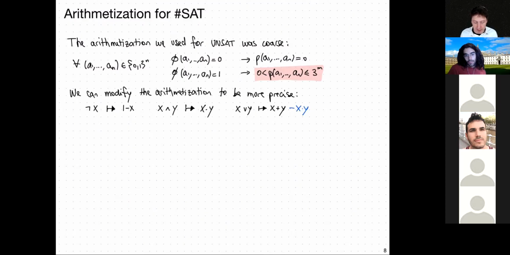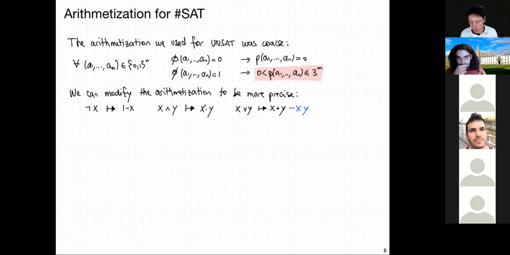We can modify the arithmetization to be more precise, to basically be almost the same, but in x or y, we say x plus y minus x times y. Why this extra thing? Because we basically are keeping the Booleanity. Essentially, this expression and this expression agree on every possible Boolean input. If you have 0 or 0, you will have 0 plus 0 minus 0. Okay, that's still 0.